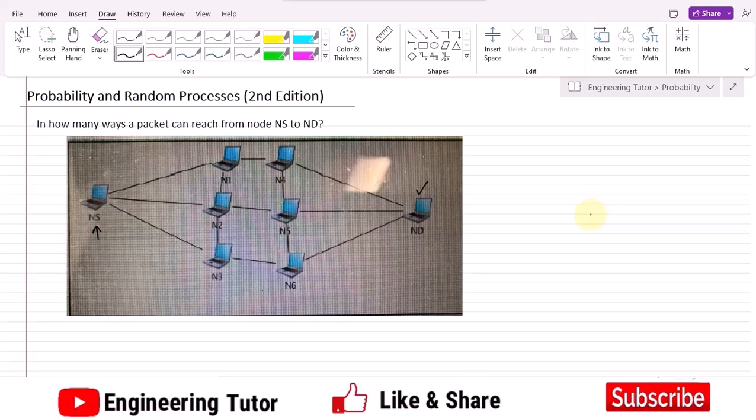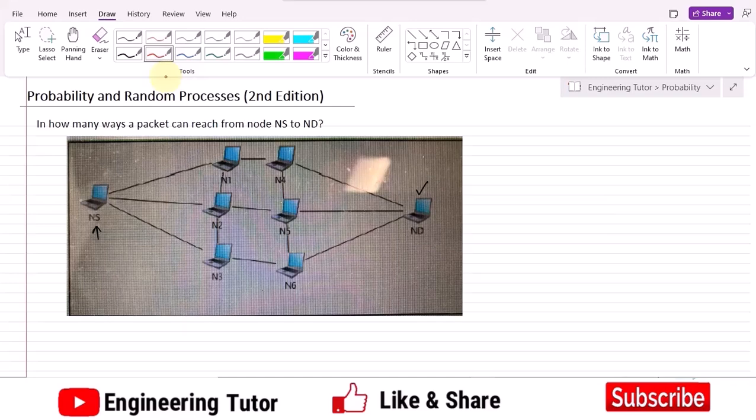So we have to find all the possible ways from which this can reach N of D. Okay, so this is clearly a combinatorial problem, and we can solve it very easily, but here we have these intermediate nodes which can be tricky to handle and very confusing. This question can be solved in many ways, but the first and foremost method is this one.